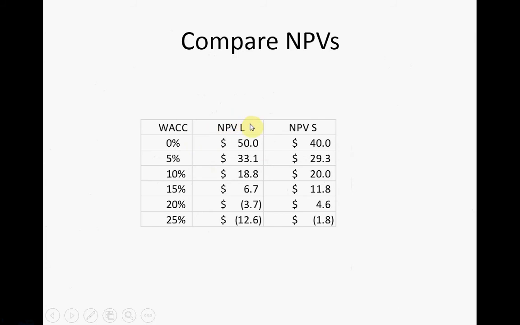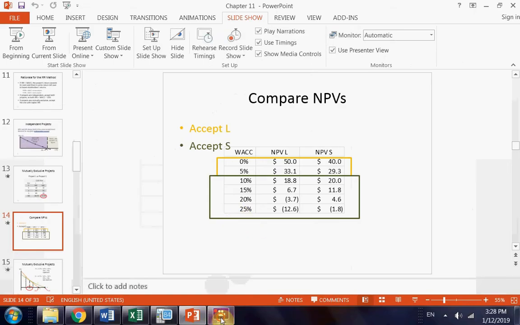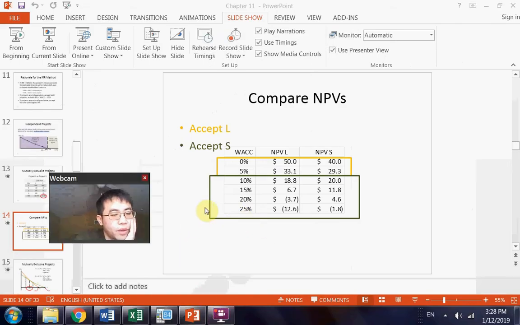Then for both projects, the NPV would decline as the discount rate increases. However, if your WACC reaches a certain level, then your comparison would alter.